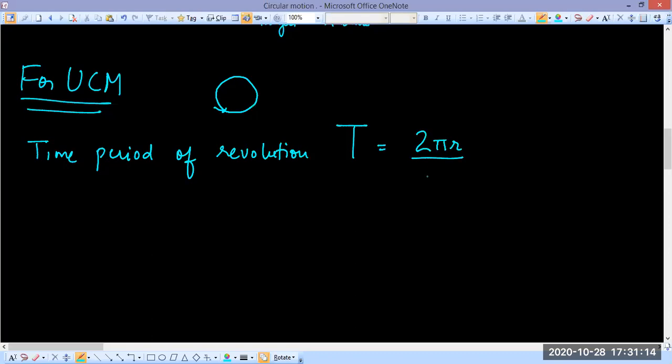And if you divide it by the speed, remember here speed is constant, that's why we can do this, right? Because speed is constant, that's why we can do this. That's why I've said distance traveled equal to speed into time. Clear? Is this okay, everyone?